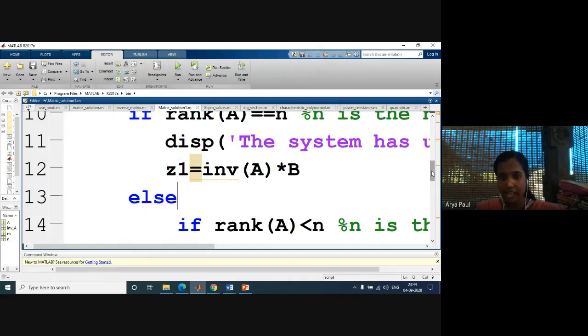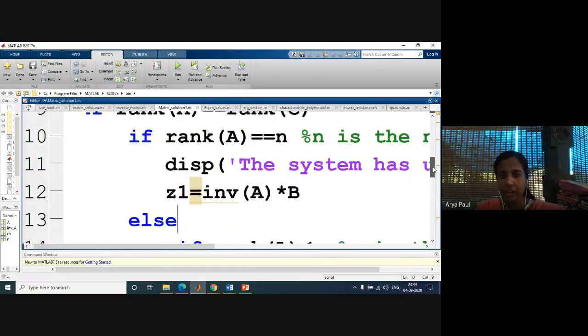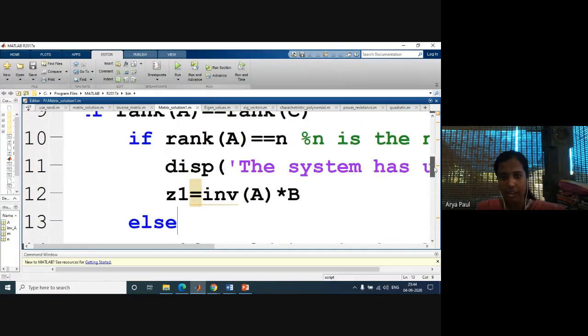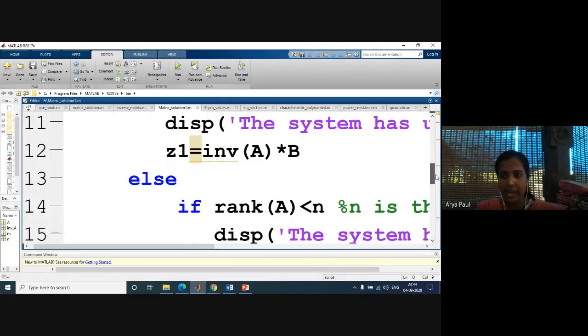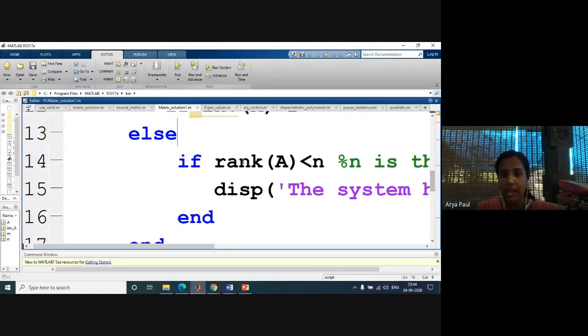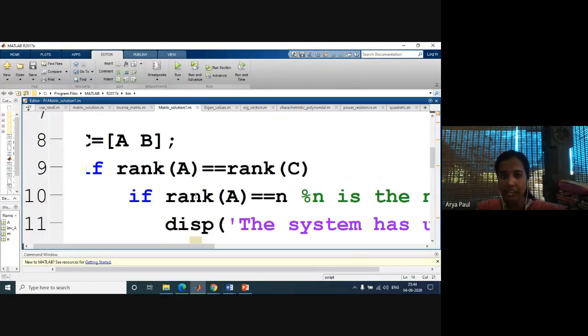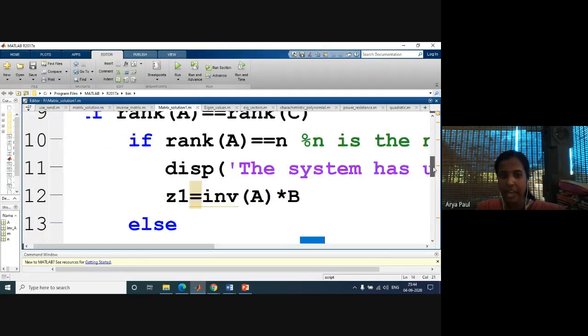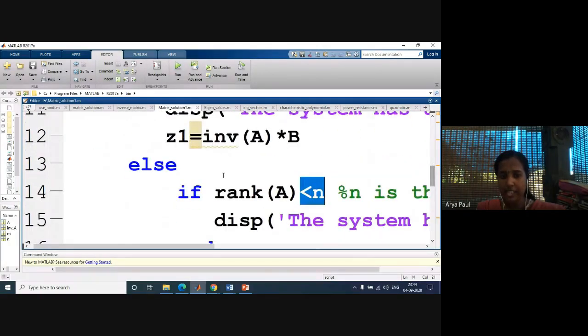Else. What is else? Else means rank of A is not equal to N. Here, if rank of A equals N, and again I am providing an else condition, that means else if rank of A is less than N, that is, rank of A is less than the number of unknowns.